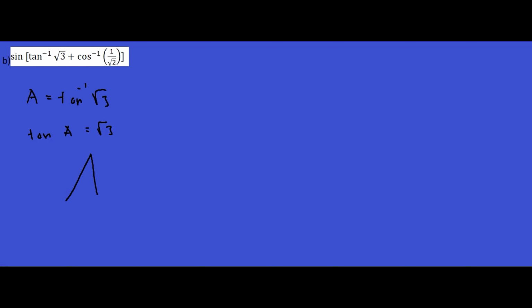And we find the unknown side. So tangent is opposite over adjacent. In order for us to find the unknown side, we use the Pythagoras theorem. So what we get is 3 to the power of 2 plus 1 to the power of 2, we got 4. The square root of 4 is 2, so this side is 2.